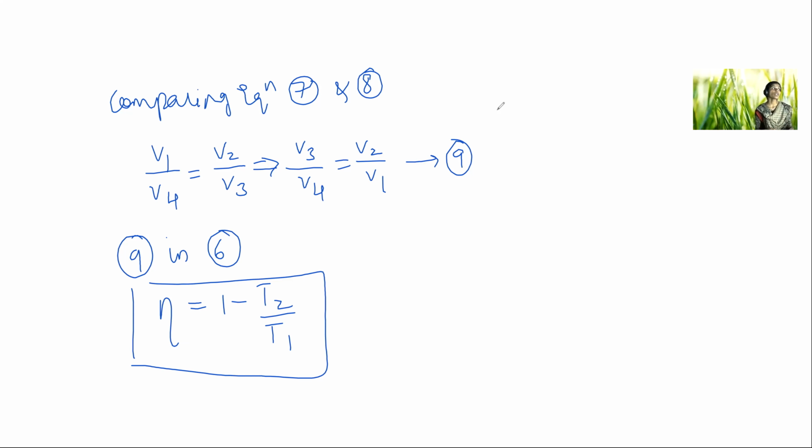Putting equation 9 in equation 6, efficiency eta is equal to 1 minus T2 by T1. This is one of the important derivations. Definitely they will ask it for 5 marks. So try to practice this one.